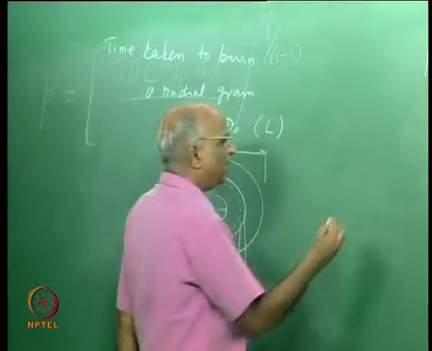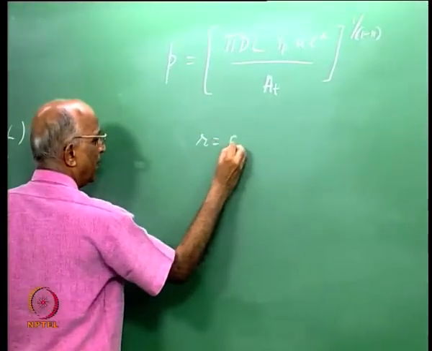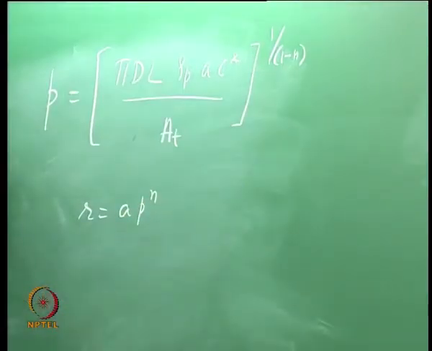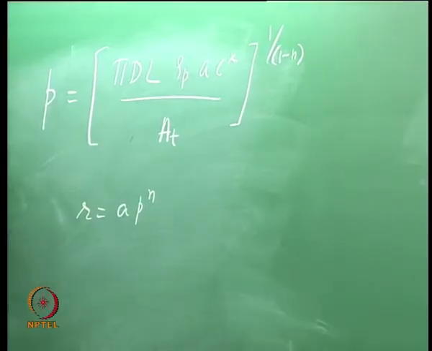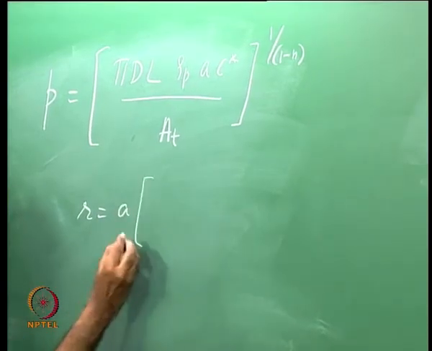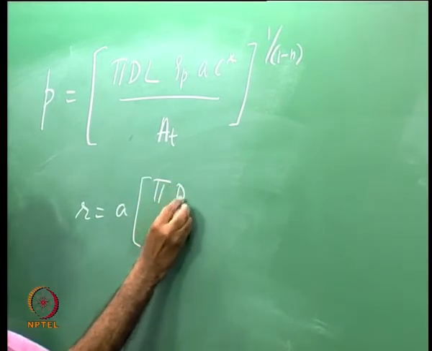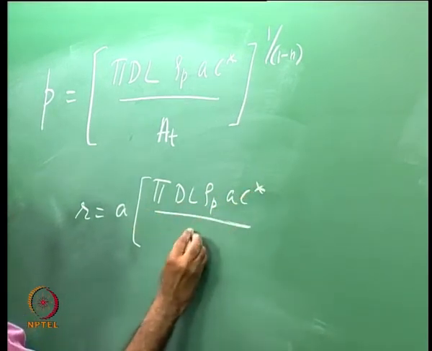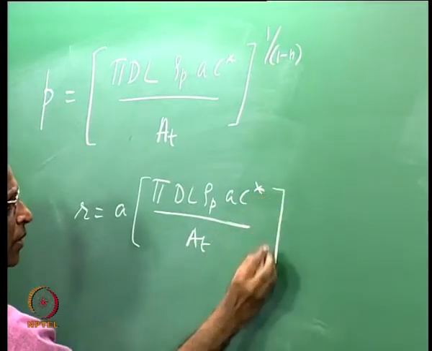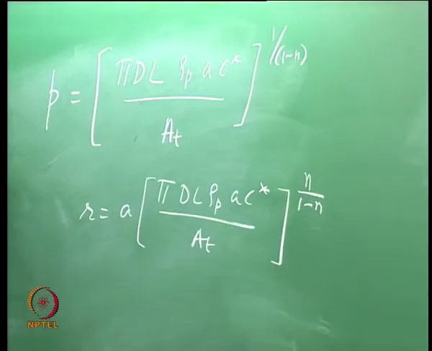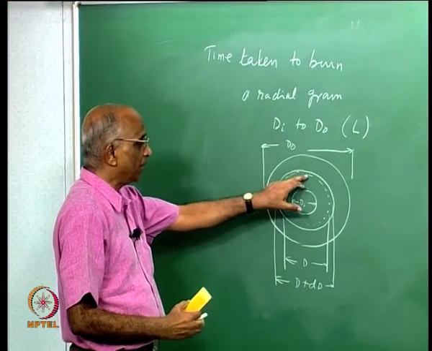Therefore, what is the burning rate? R is equal to A p to the power n. Now I substitute the value, instead of p I substitute this value over here, let us write it again, pi dl rho p a c star by AT to the power n by 1 minus n is the burn rate when it is here.